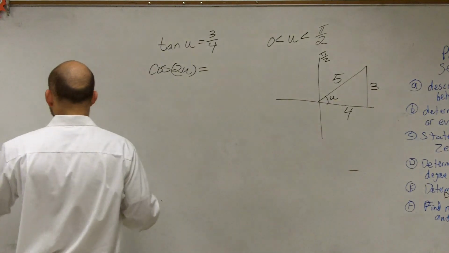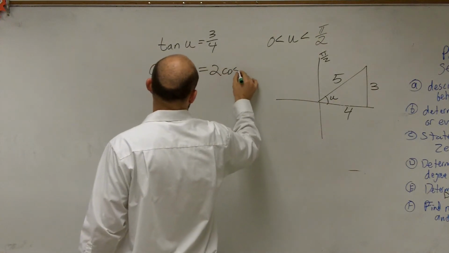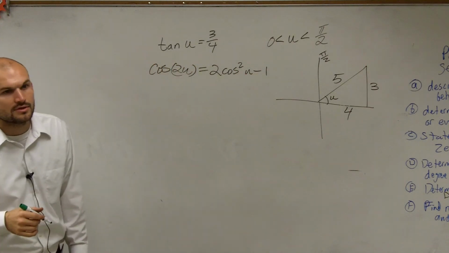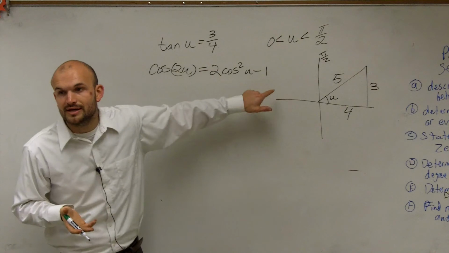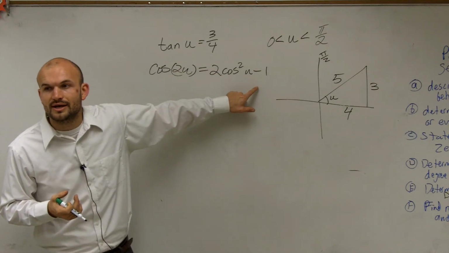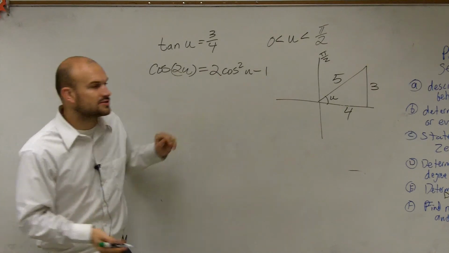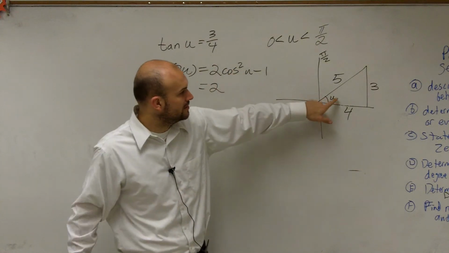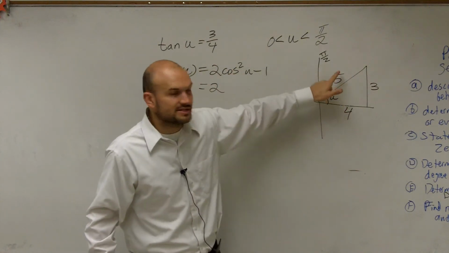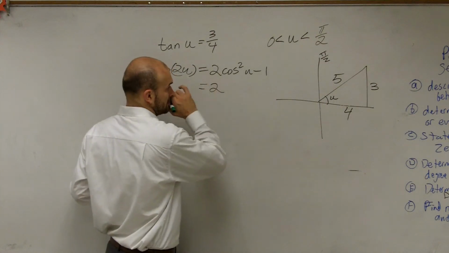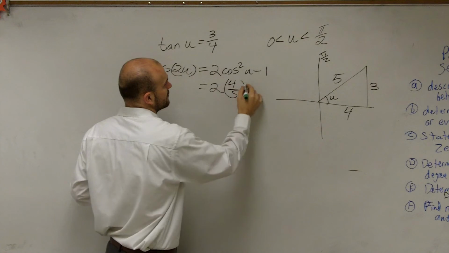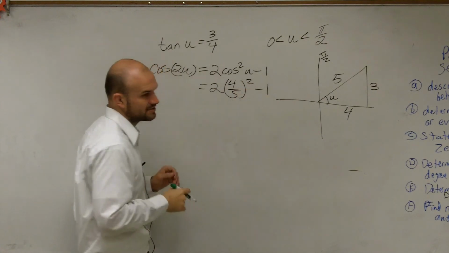So the cosine of 2u, what I wrote down is 2 times cosine squared of u minus 1. Now we're simply going to plug in these formulas. So I'll have 2 times the cosine of u, remember, cosine is adjacent over hypotenuse, so that's going to be 4 over 5 squared, minus 1.